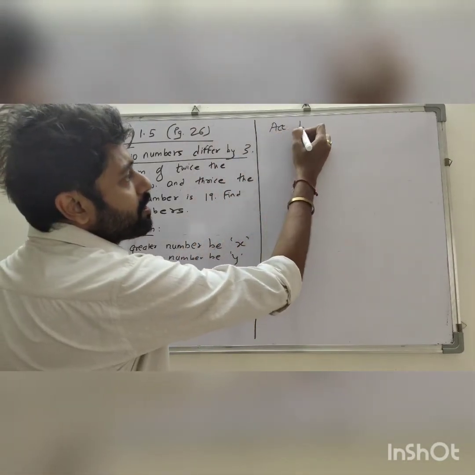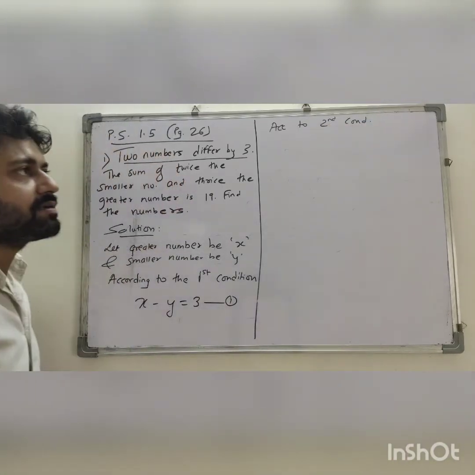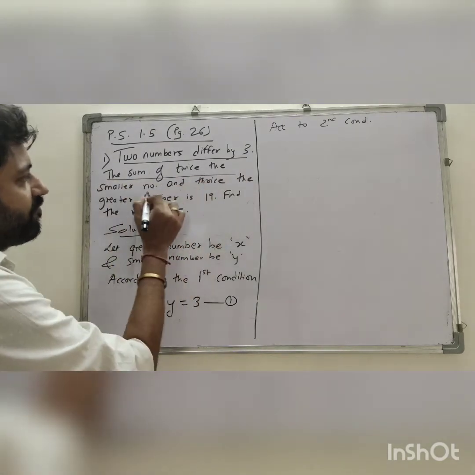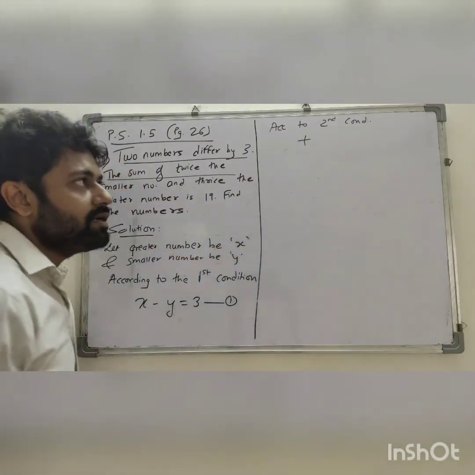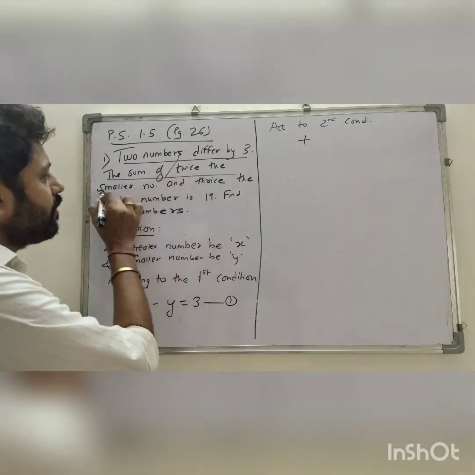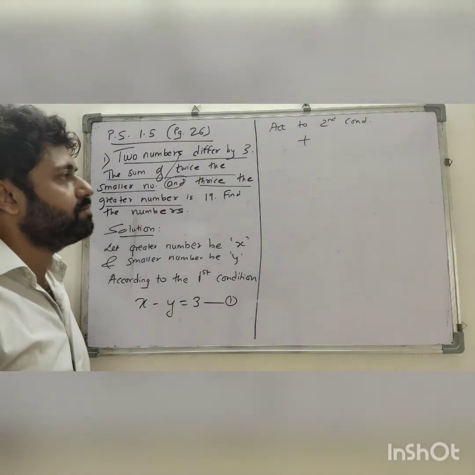According to the second condition, the sum of twice the smaller number and thrice the greater number.